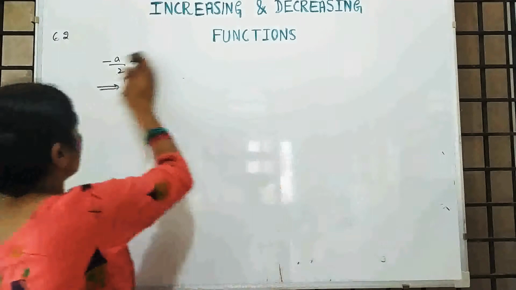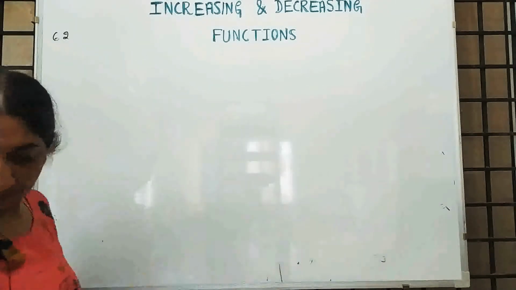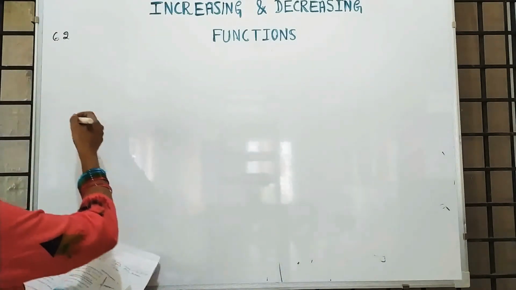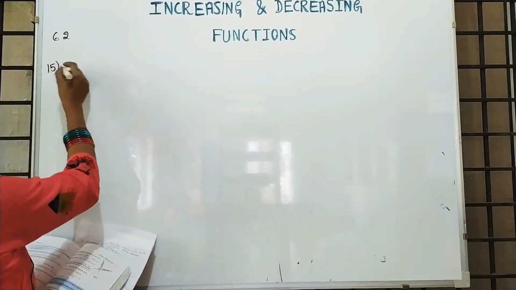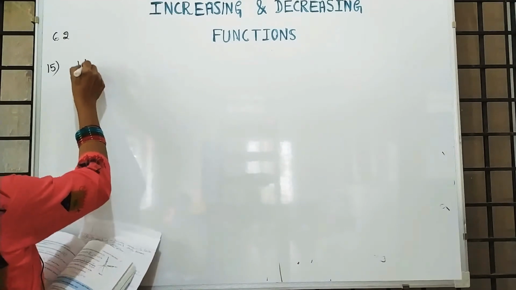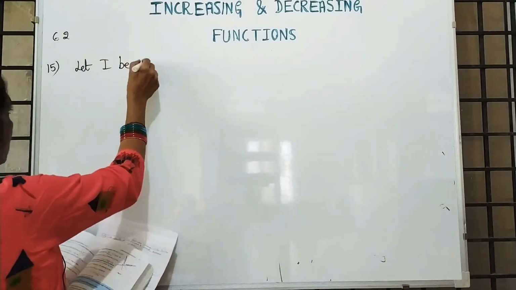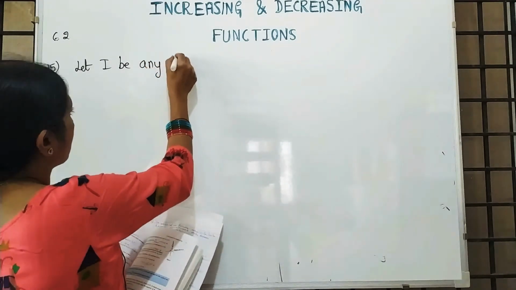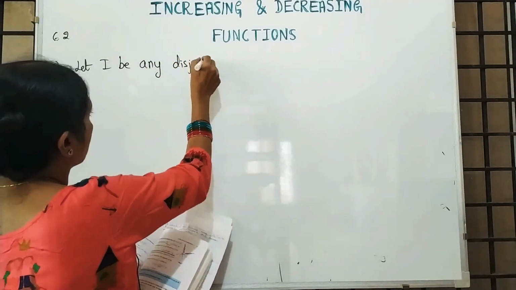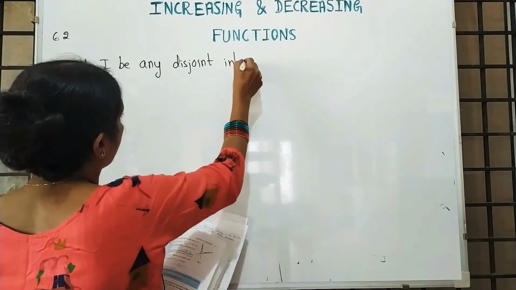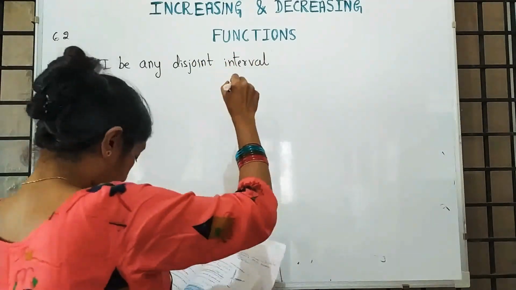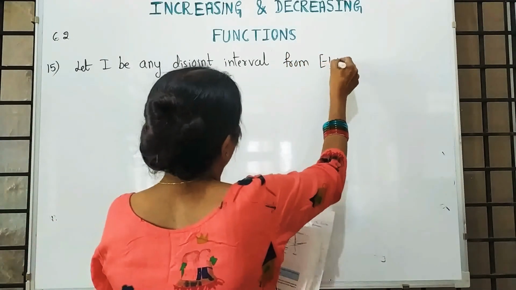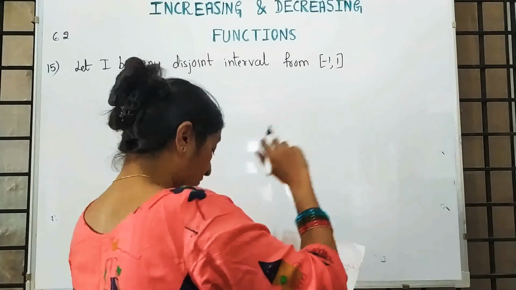Moving to the next question in exercise 6.2, that is question number 15. Let I be any disjoint interval from minus 1 to 1. That means other than minus 1 to 1.